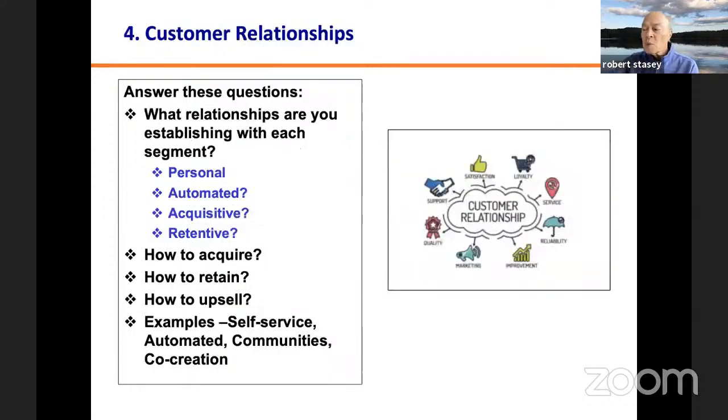Let's look at customer relationships. To ensure the survival and success of any business, companies must identify the type of relationship that they want to create with their customers. That element should address three critical customer relationship steps. And when I do due diligence on some startups, what I find is that they may skip one of these steps.